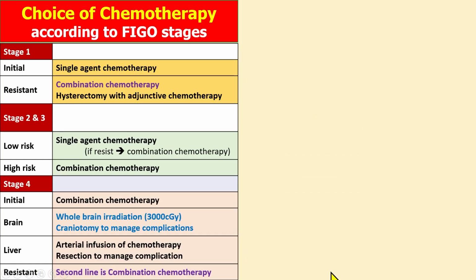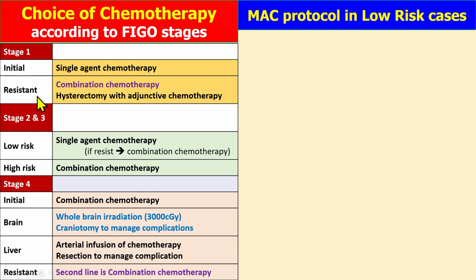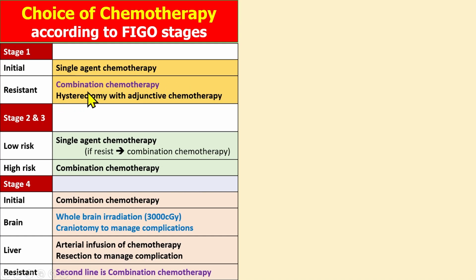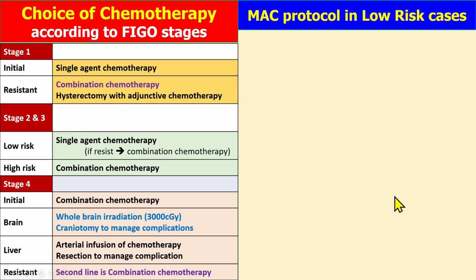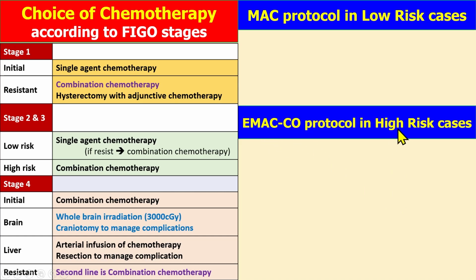Okay. In case of chemotherapy, according to FIGO stage 1, stage 2, 3, stage 4, these are different drugs. So usually you see single agent chemotherapy and combination chemotherapy, or the other option is hysterectomy. What are the single agent and the combined?